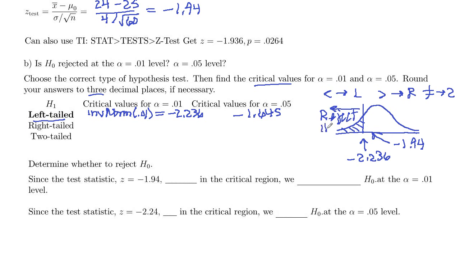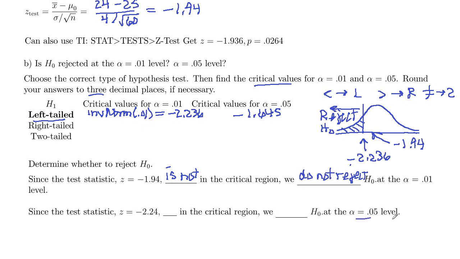So that's the reject H0 region. So since the test statistic negative 1.94 is not in the critical region or rejection region, we do not reject H0 at the alpha 0.01 level.